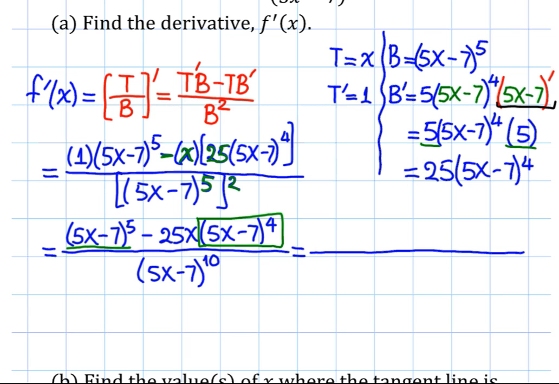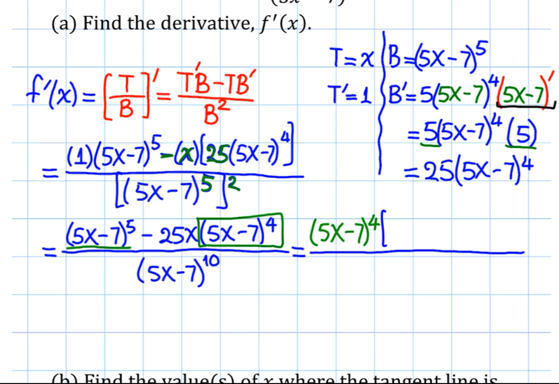So we can take out 4 of them. The first term has 5 factors of 5x minus 7 and we can factor 4 of them out. The second term has 4 factors, and we can factor all 4 of them out.